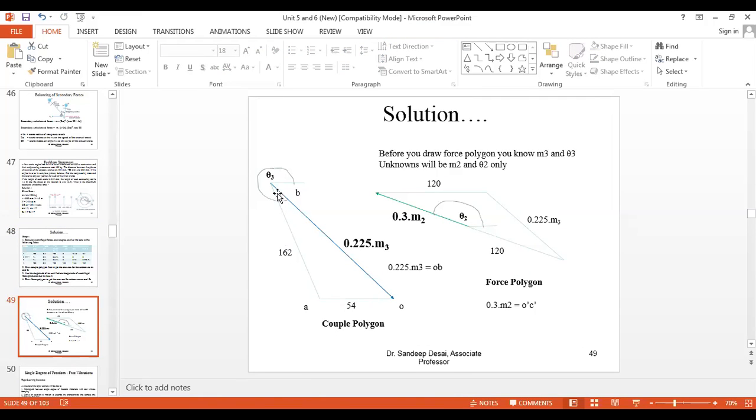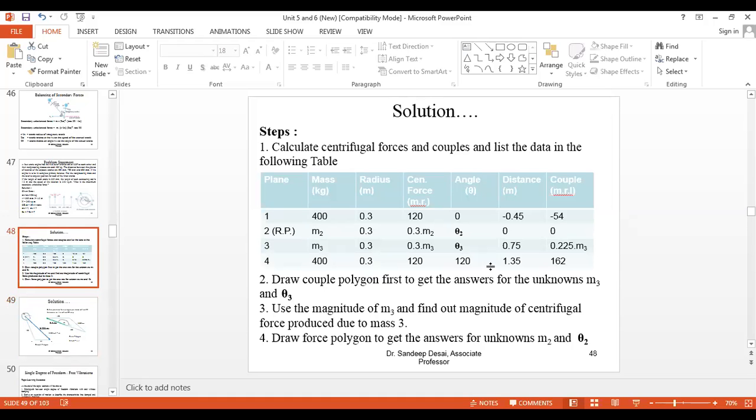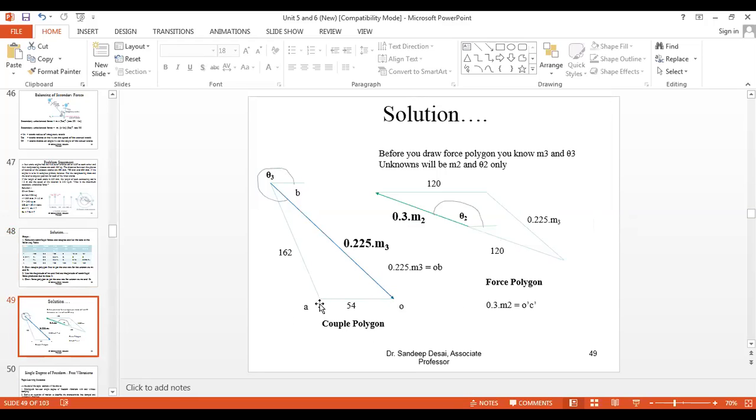162 is plotted, with a suitable scale factor, at an angle of 120 degrees. You can see that minus 54 was at 0 degree. This is 0, this is 90, and this is 120 degree. So 162 is the couple magnitude, angle is 120 degree.